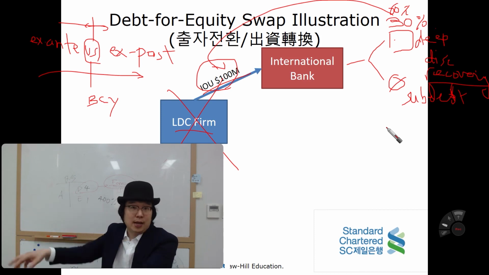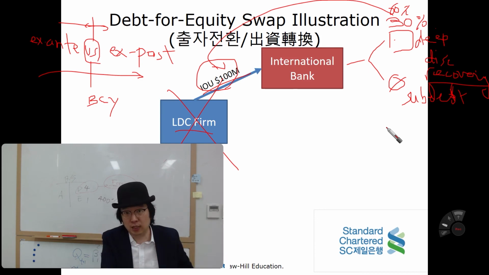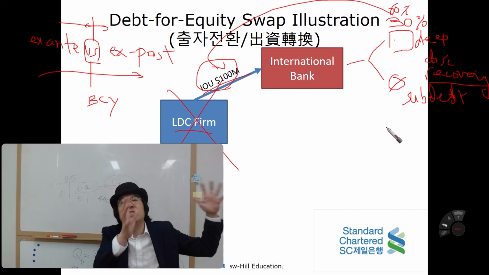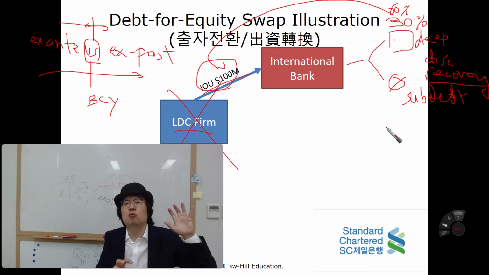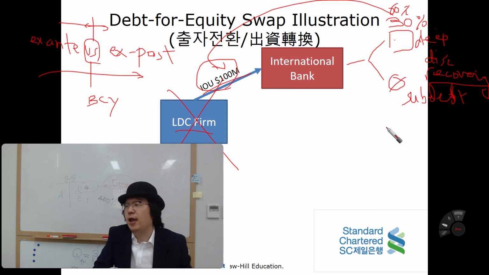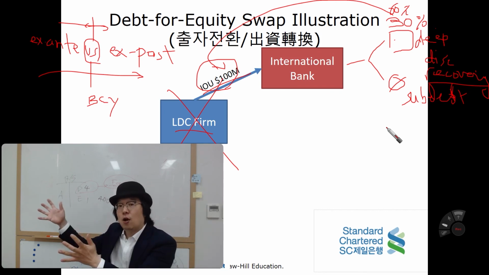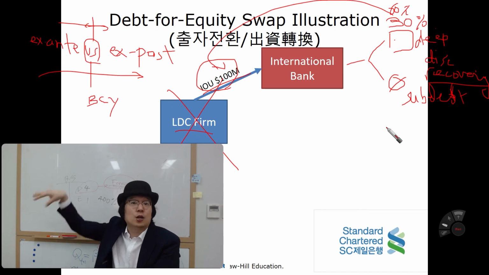Or any kind of private equity, or distressed asset investors. Private equities are interested in this kind of distressed companies. Their job is to purchase it at a deep discount, restructure it, and then sell it off maybe 5 or 8 or 10 years later at a higher price.